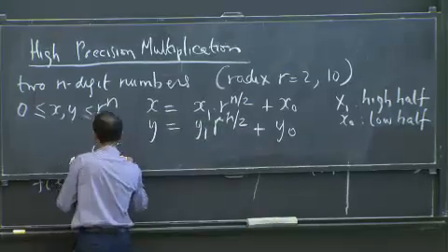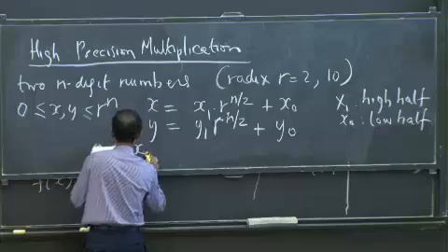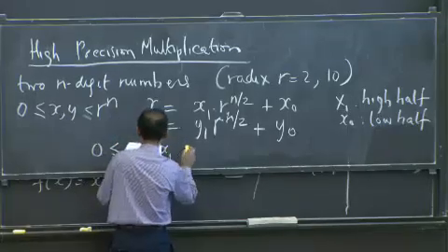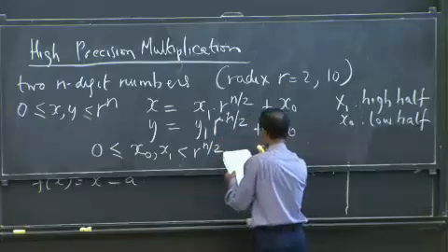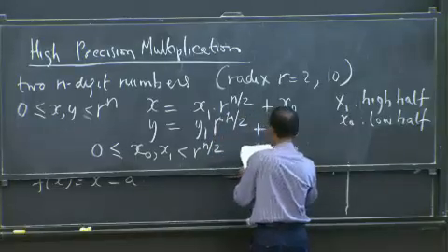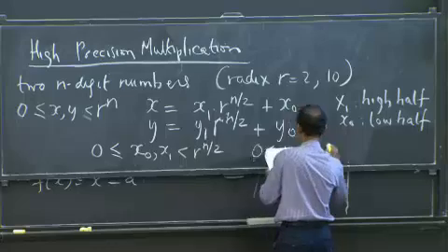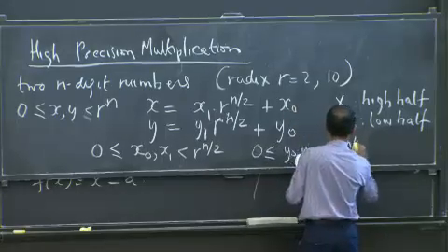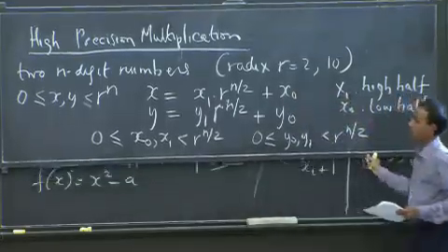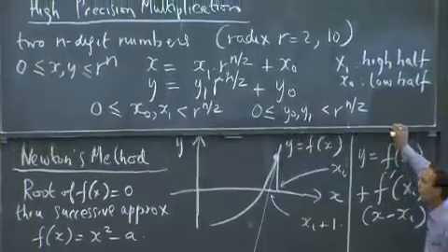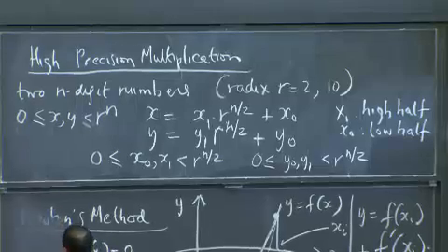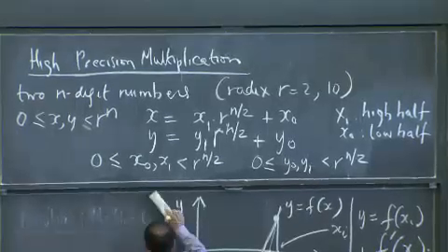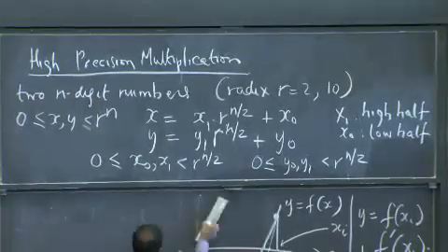Now the ranges change. x0 and x1 are smaller, and the same for y0 and y1. So that's a fairly straightforward decomposition of this multiplication operation.